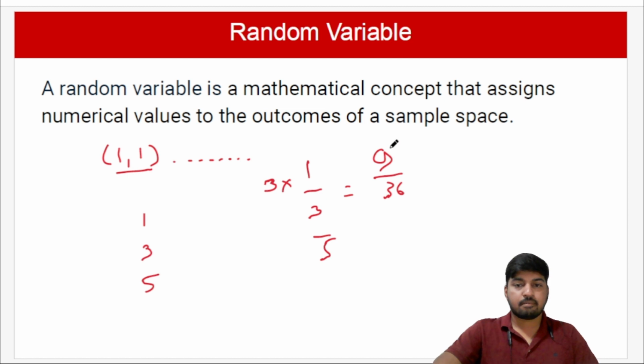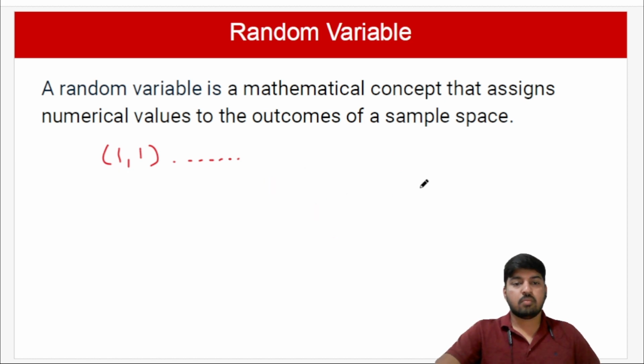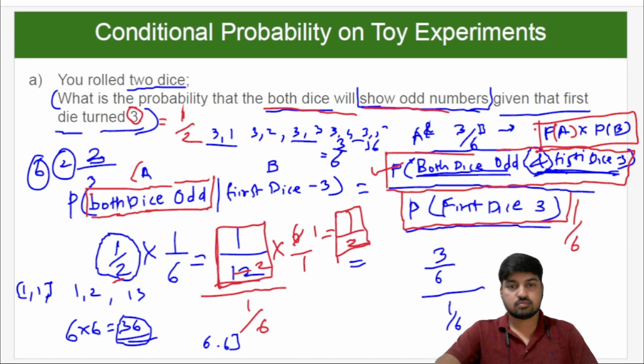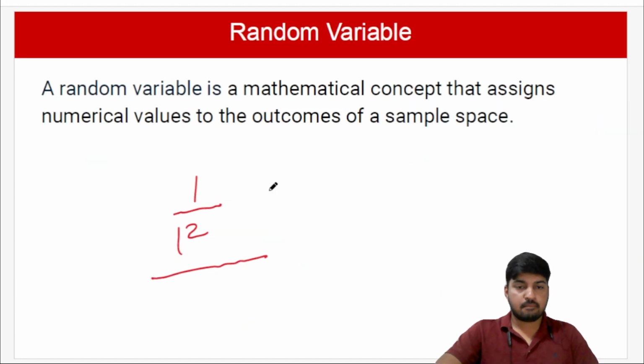Just wait, what are we doing now? You are right, this 1 by 2 is our problem. We will write all those 36 options. Then we will get 18 by 36, then it will be 1 by 2.